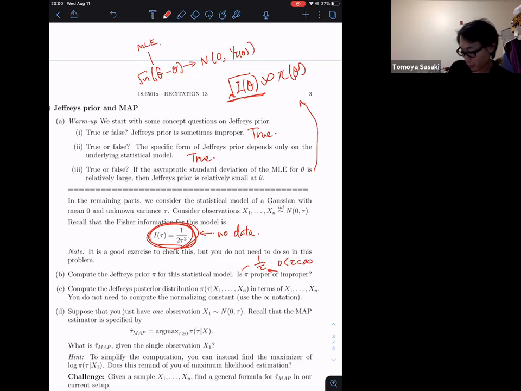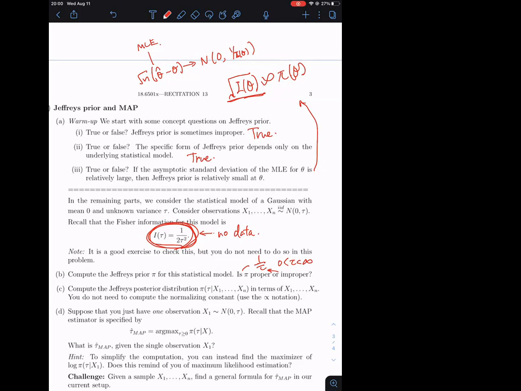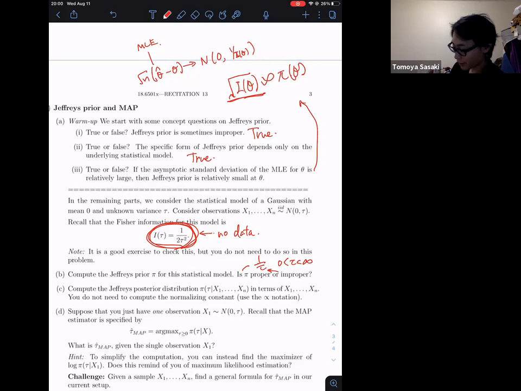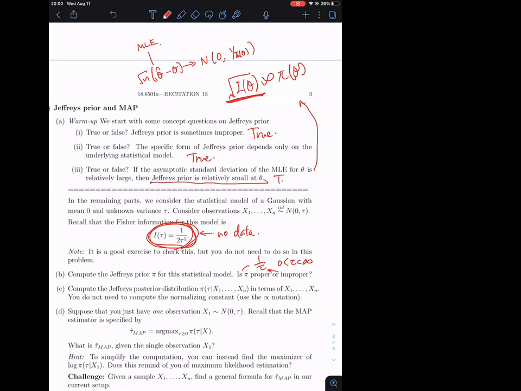Which means if the standard deviation is small, Fisher information will be, sorry, it's all the way around. Standard deviation is large, Fisher information is small, which means Jeffreys prior is also small. So this is also true.